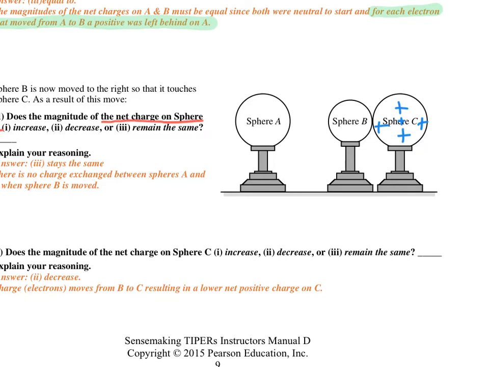So absolutely guaranteed that sphere C must become less positive, because coming in contact with a neutrally charged or negatively charged source, conduction absolutely will begin to fix the electron deficiency of the positively charged thing.